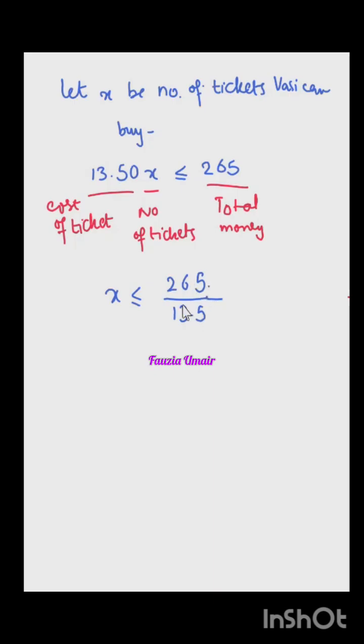Whenever we have division, you can move the decimal an equal number of steps to any side. This is the key of simplification. So I am moving this decimal point one step forward. So x is less than or equal to 2650 divided by 135.